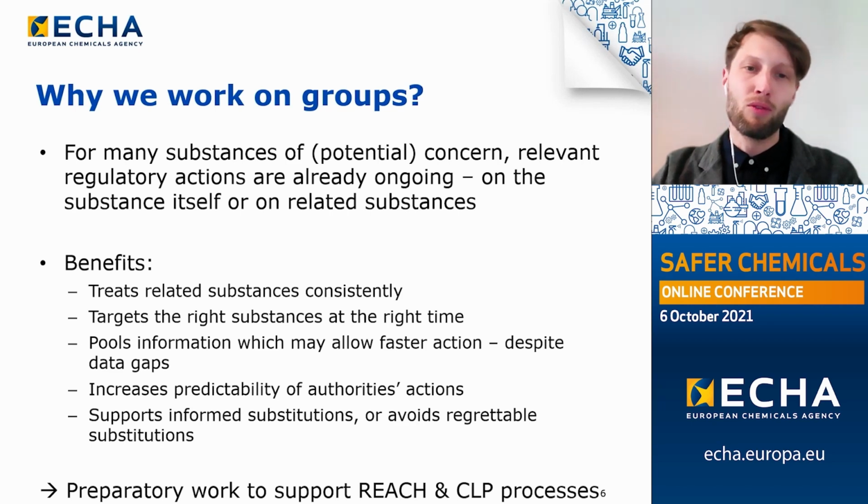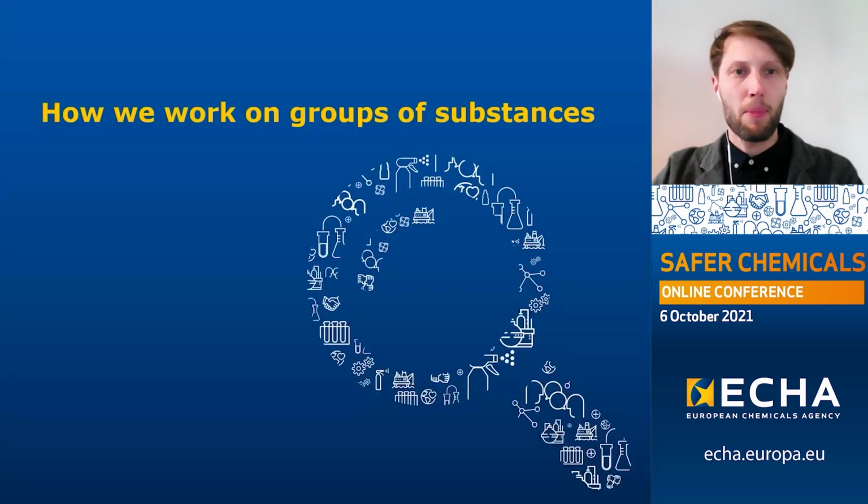So moving from one hazardous substance to a related, similarly hazardous substance can be avoided. And it makes it also easier for companies to plan how they substitute these substances. That said, and as I said earlier, this is all preparatory work to support the REACH and CLP processes. It is not a formal process in the traditional kind of sense.